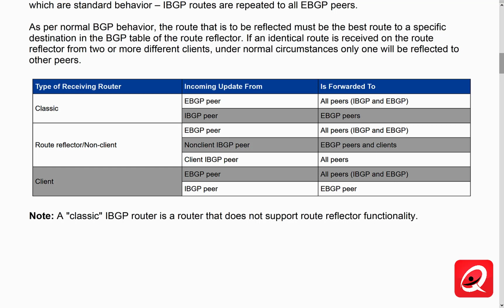Okay, there's no restriction actually on updates coming from eBGP peers, and we can see that in all three scenarios. We can send that information to everybody. If I'm a client and I'm receiving information from an iBGP peer, again, I have that split horizon rule protection, so I can only send that information to an eBGP peer. Make sense?